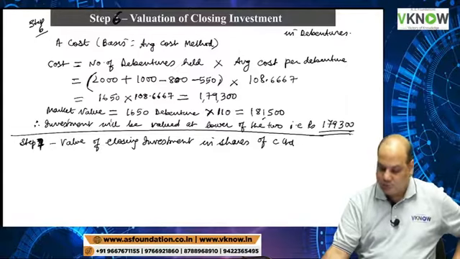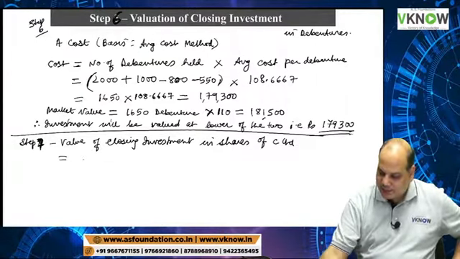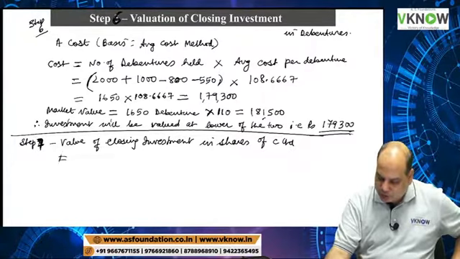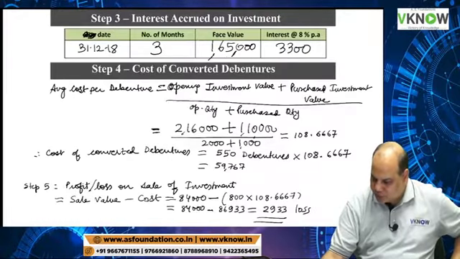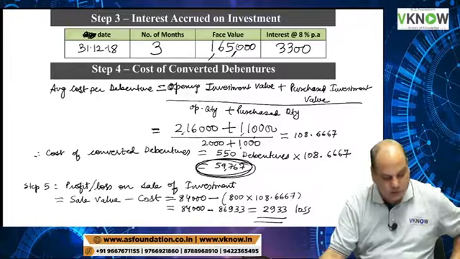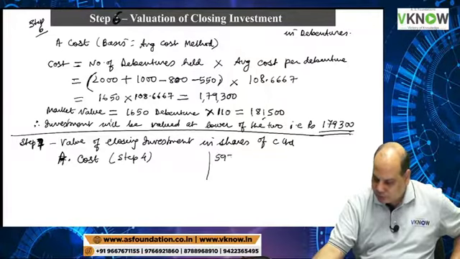Write down neatly. And that is equal to, first we'll write down point A, cost. Cost we have calculated in the previous step. Step number 4 here. Can you see 59767?